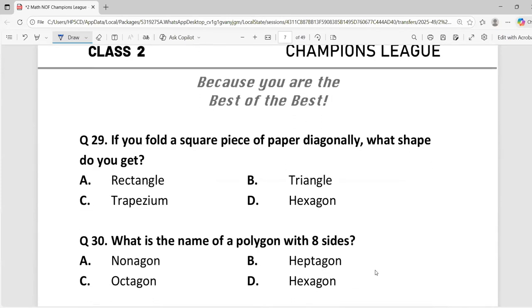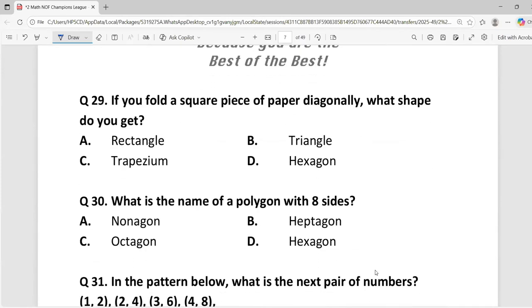Next, the 29th one. If you fold a square piece of paper diagonally, what shape do you get? So suppose this is a square; if you fold it diagonally like this, the upper side will fold down touching this. So the shape we get is a triangle.